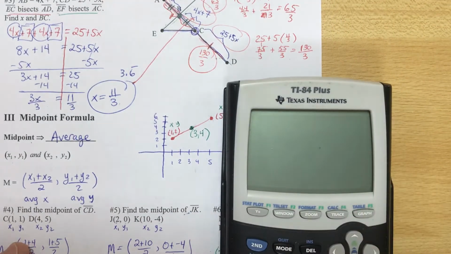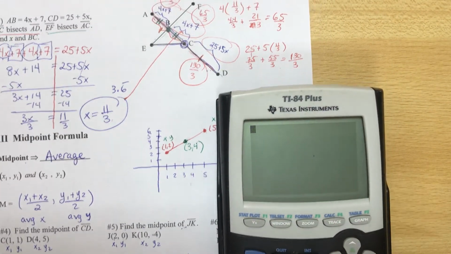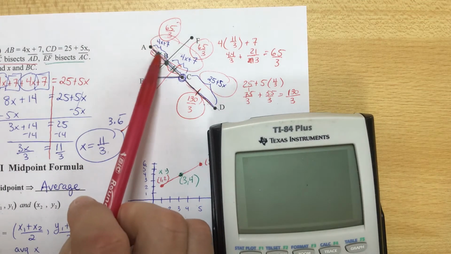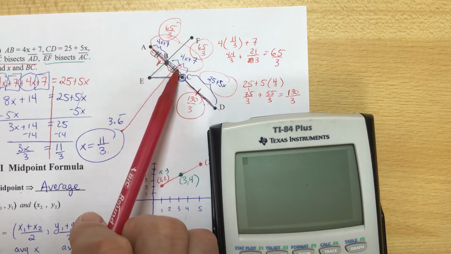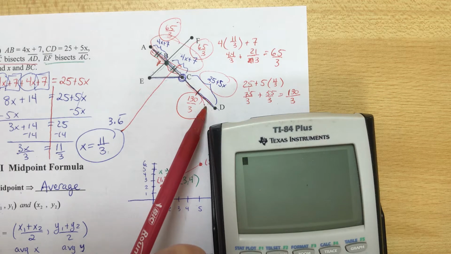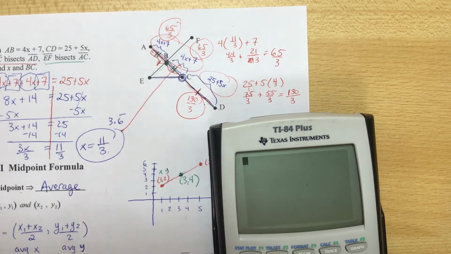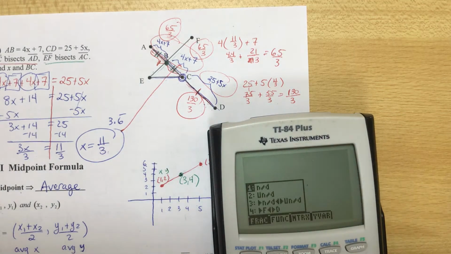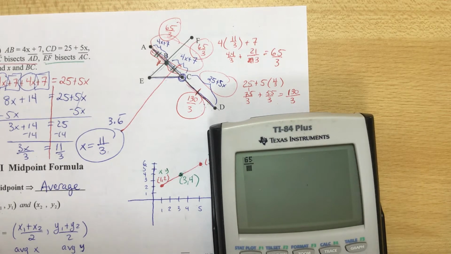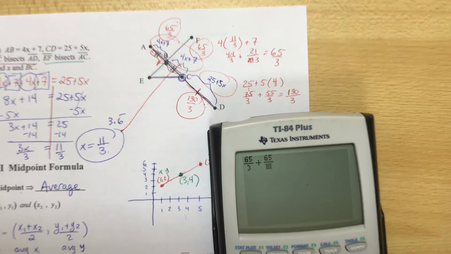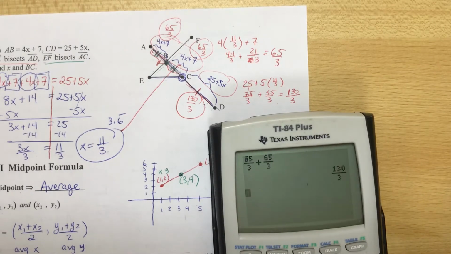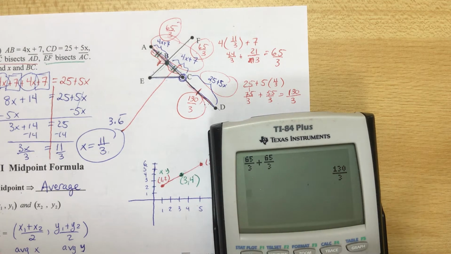And let's see if I want to check here. What should happen is that AB and BC together should add up to the length of CD because C is the midpoint. So if I take 65 over 3 and I add that to 65 over 3, I get 130 over 3, which is exactly what I get there.